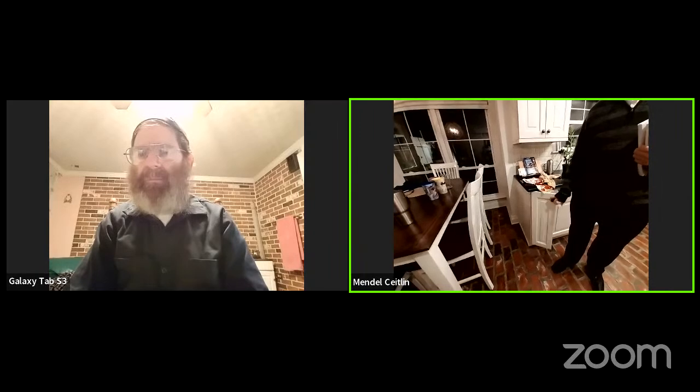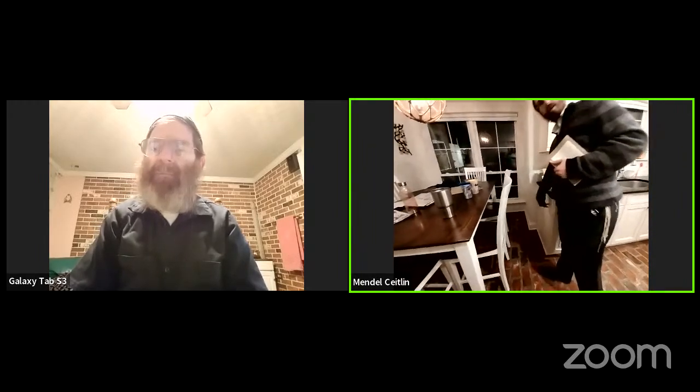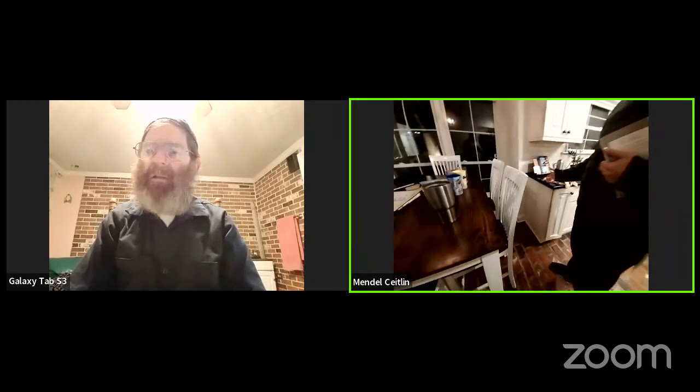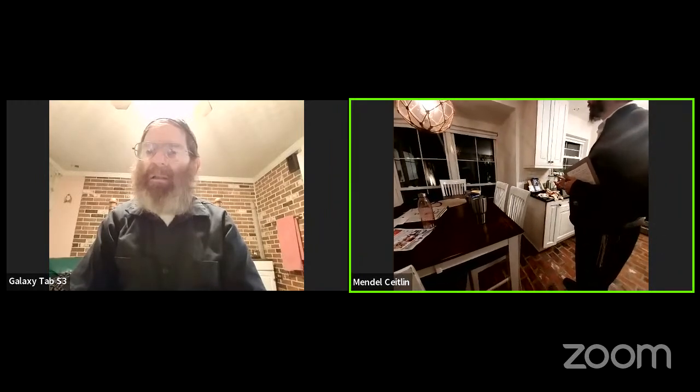Well, the question is, you put it on the cabinet and it moves. But if it was a different layout, I've seen people have mezuzahs over here. Here's another scenario.